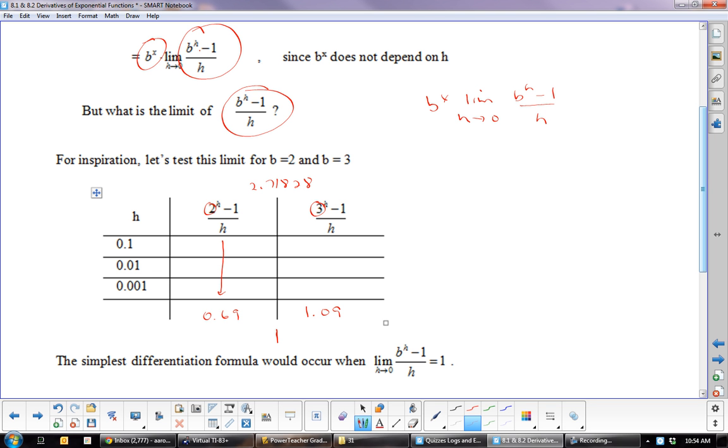And if you put in 2.72 to the x times the limit, h goes to 0, of 2.72 to the h minus 1 all over h, this will be 2.72 to the x times 1, which equals 2.72 to the x.